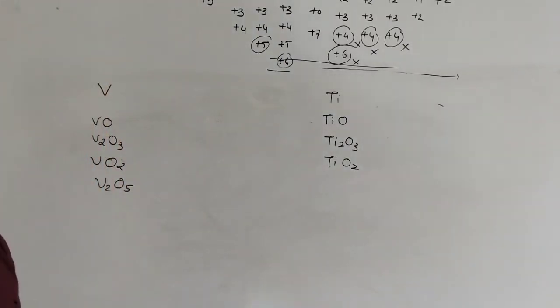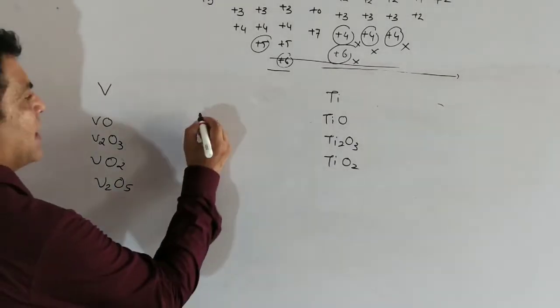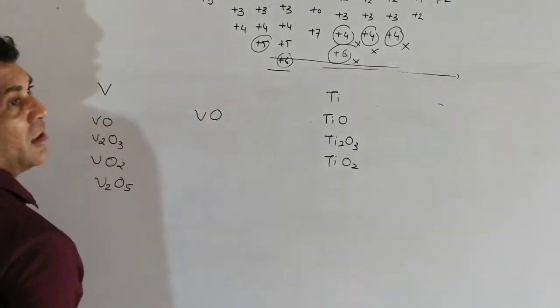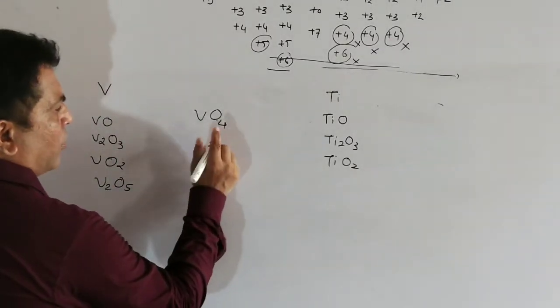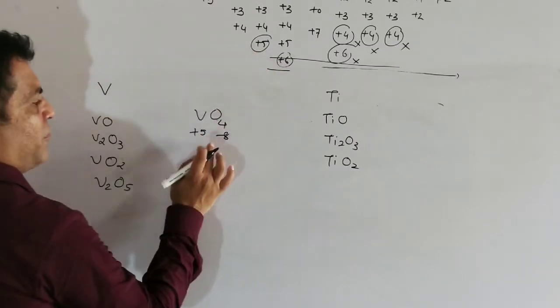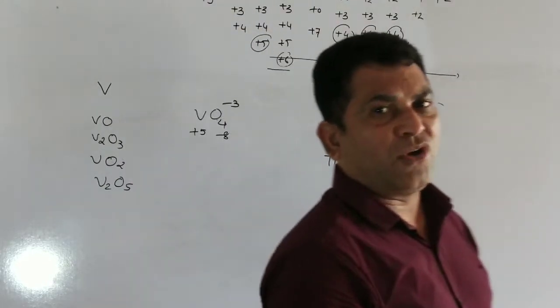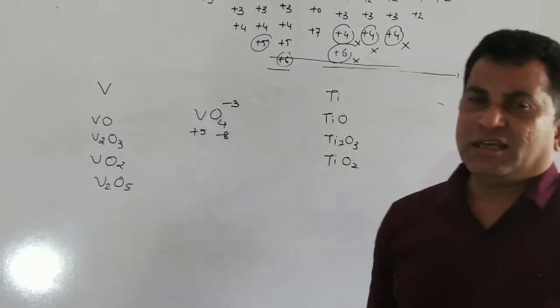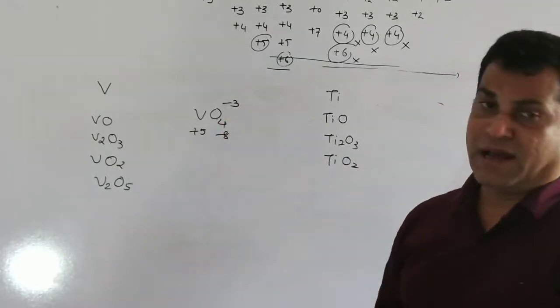So I hope that you understand the positive ion of this. Now we are going to discuss the negative ion of this, and negative ions also exist here. The negative ion is VO4 with charge -3, since the maximum oxidation state is +5. So VO4 -3 is the ion which is produced by the vanadium.